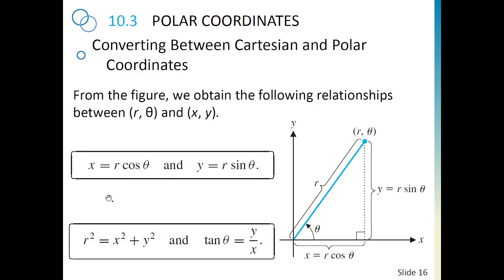If I need to convert from Cartesian to polar, so I'm given x and y, while r is given by the radical here of this, and the theta, the angle, will be tan inverse of y over x.